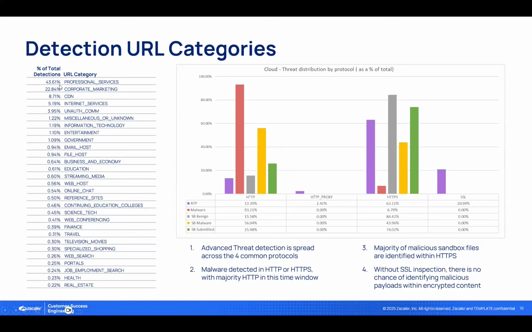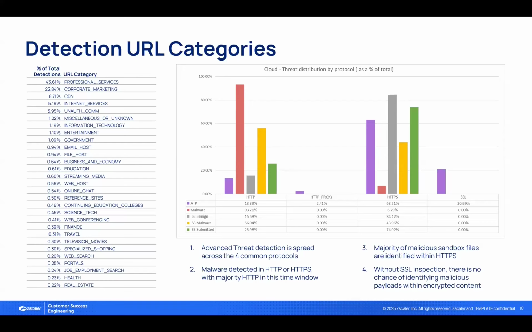Here we can see that nearly 44% of all threats that are found in non-threat categories are inside the professional services category, 23% are inside corporate marketing, about 9% are inside CDN, about 5% are inside internet services, and so forth and so on. These proportions are fairly normal, since from the URL classification perspective, most corporate websites will generally fall within the professional services or corporate marketing categories, for example.